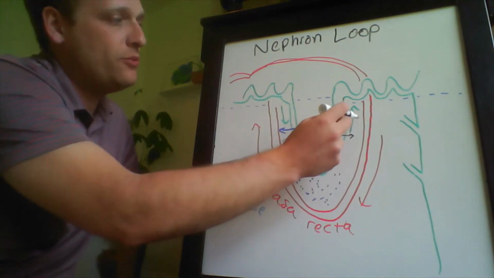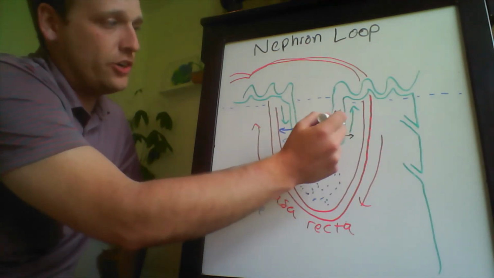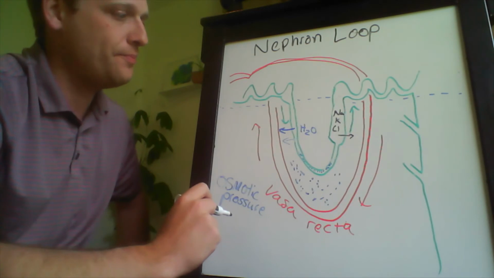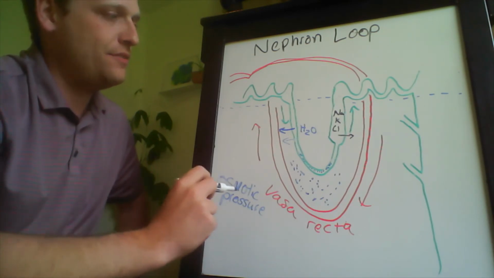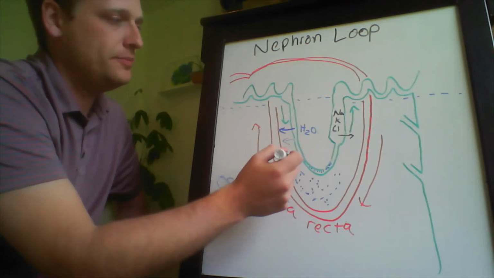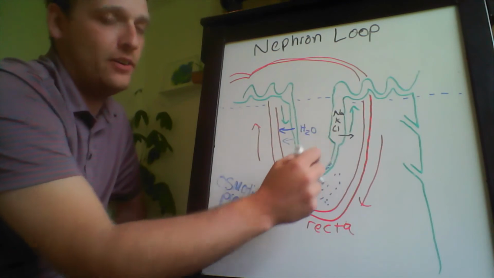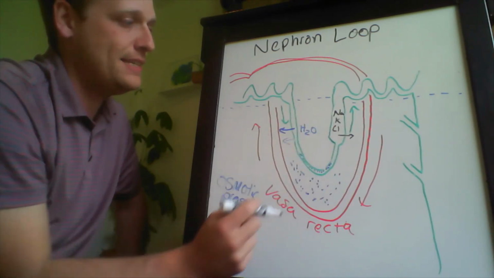So there is going to be reabsorption of ions occurring here in the ascending loop. So what you have is water being reabsorbed here in the descending loop, and sodium, potassium, chloride ions being pumped out into the interstitial fluid in the ascending loop.